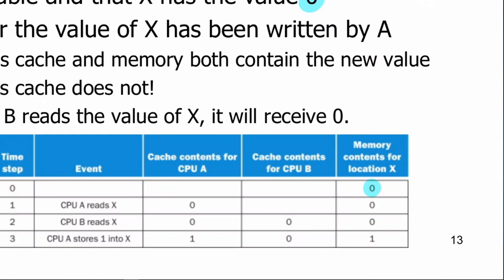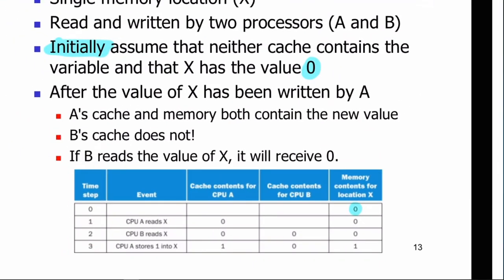Now, in time step 3, we assume that processor A writes, or stores, a 1 into memory location X. What is going to happen when we write that into X? Our private copy is going to change.